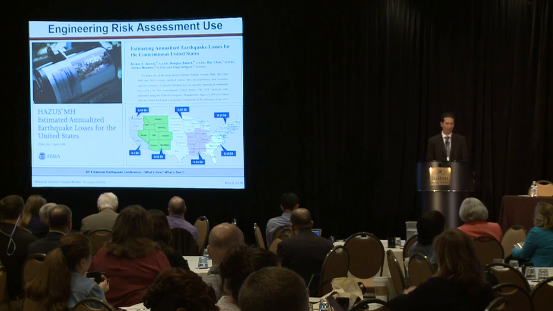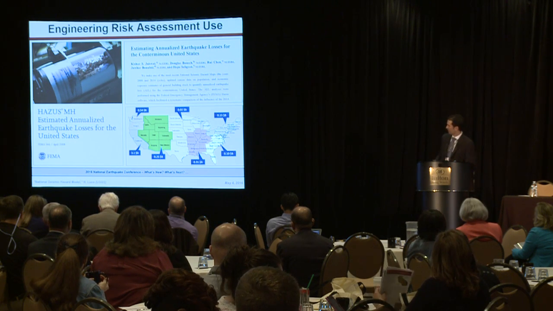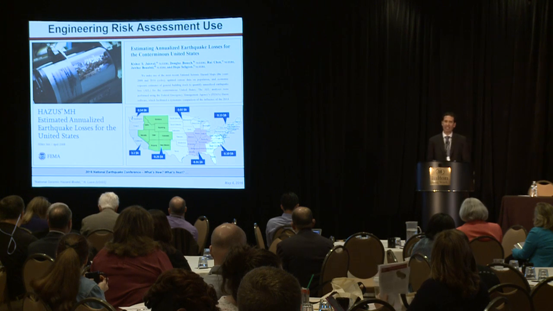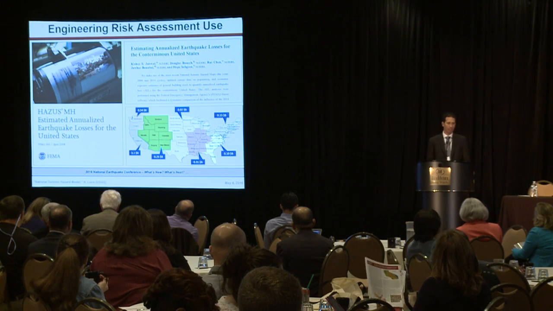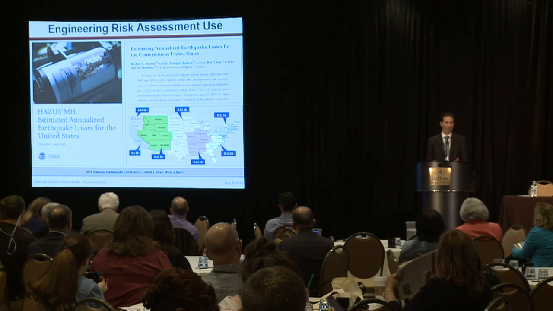Again, Kishore Jaiswal, I showed the paper there. And so the conclusion from this, and here you can see a map of these annualized expected losses, which total over the US about $4.5 billion per year, most of which is in California or at least in the West. And so you can build on the hazard model and get these kinds of results.